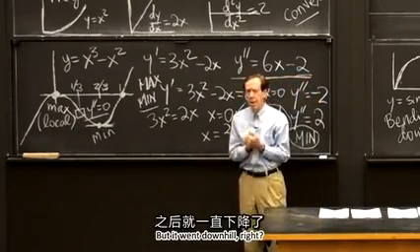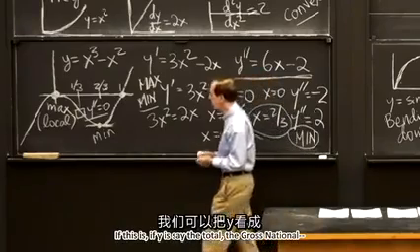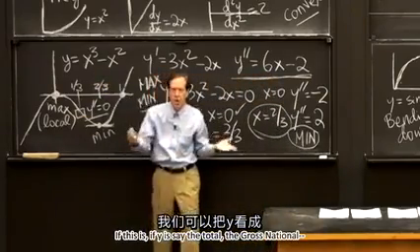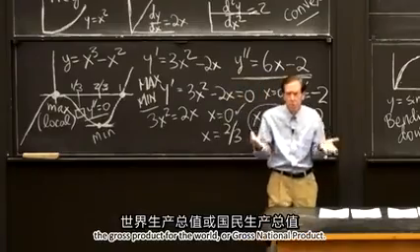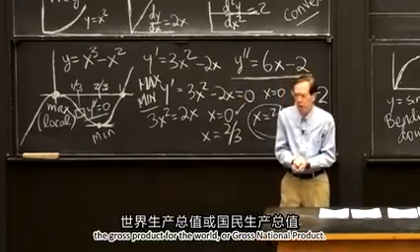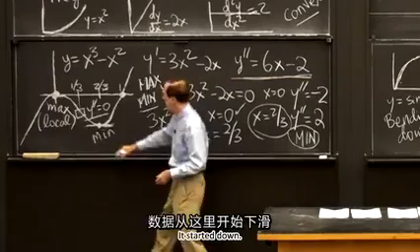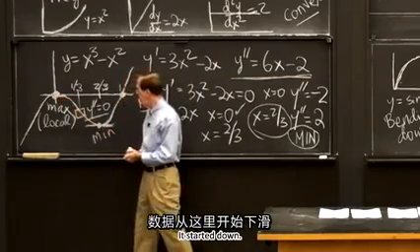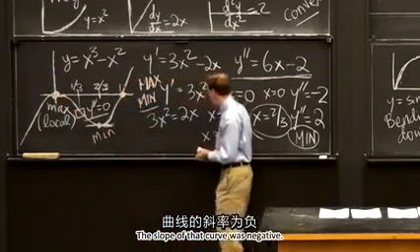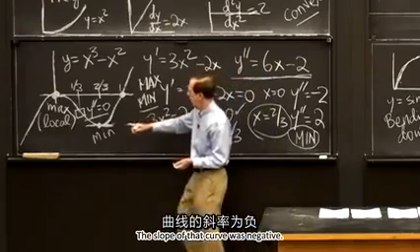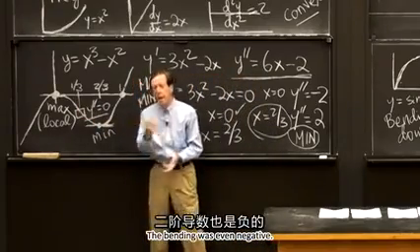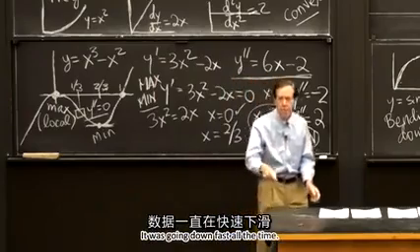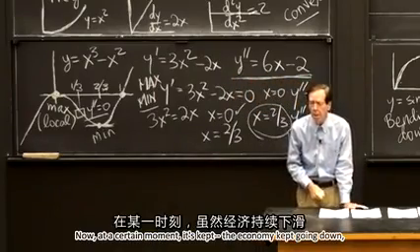But it went downhill, right? If y is, say, the gross product for the world, or gross national product, it started down. The slope of that curve was negative. The bending was even negative. It was going down faster all the time.